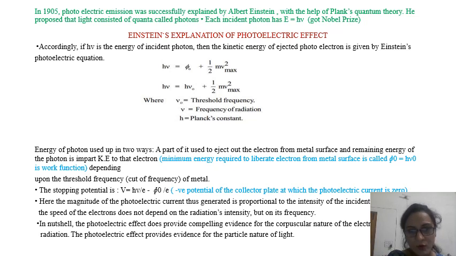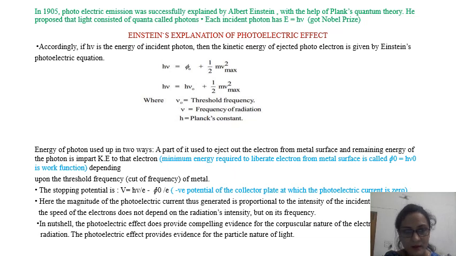Here the magnitude of the photoelectric current thus generated is proportional to the intensity of the incident radiation. The speed of the electron does not depend on the radiation's intensity but on its frequency.